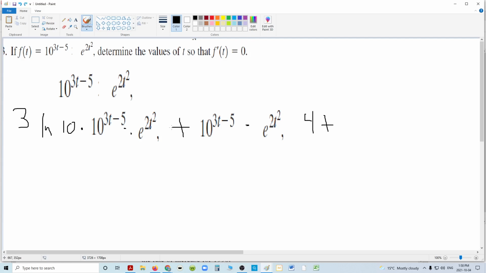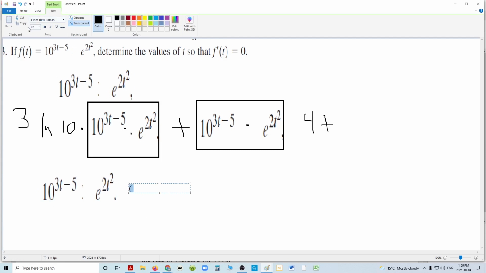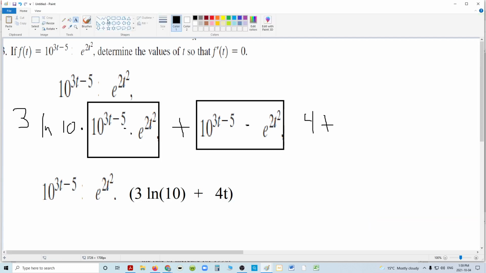But before I set it to 0, let me simplify it a little bit. Notice that I've got this in both of them and this in both of them. So if I factor that out, I'm left with 3 times ln of 10 plus 4t, because this could multiply through both of them.